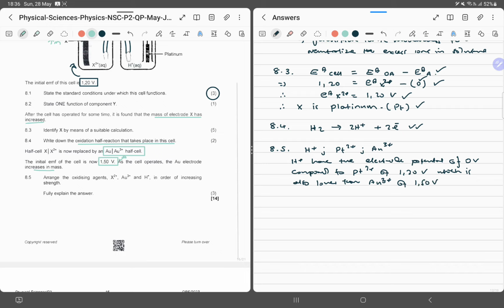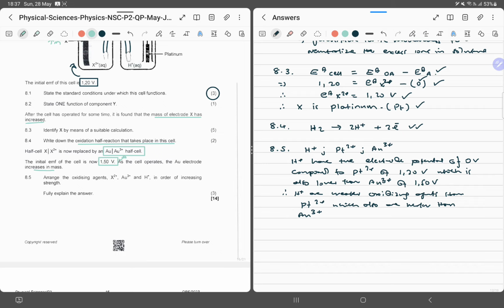All right, that is important. We can say therefore hydrogen plus ions are weaker oxidizing agents than platinum 2 plus ions, which also are weaker than the gold ions. All right, so that is it.